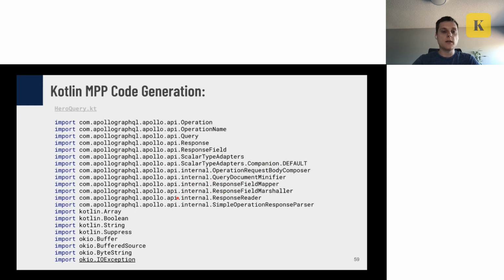The reason is, first of all, that we are using pure Kotlin for generating our models. Of course, we migrated our API files or supporting files to Kotlin native. And the only thing that we really needed to change in our codegen is to replace the JVM IOException with the Okio IOException.